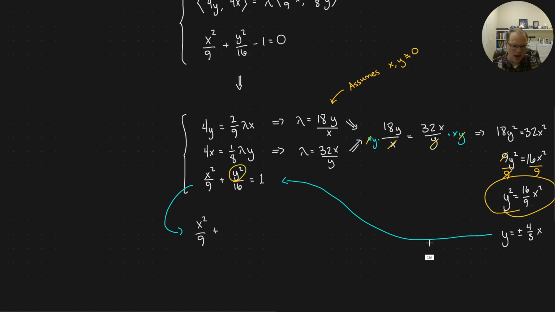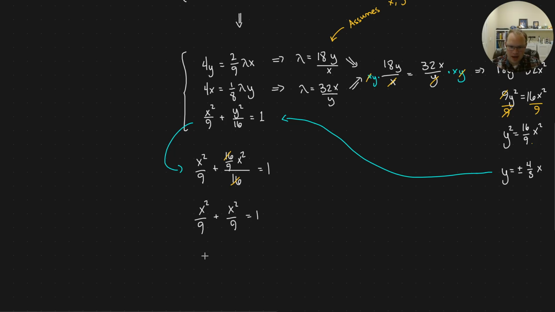Notice I'm plugging into y squared, so I'm going to the equation that tells me what y squared is, instead of going to this equation here. Okay, so y squared is 16/9 x squared, and I divide that by 16. The 16s cancel, so I have x squared over 9 plus x squared over 9 equals 1.